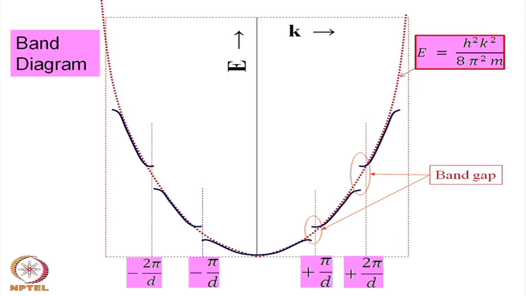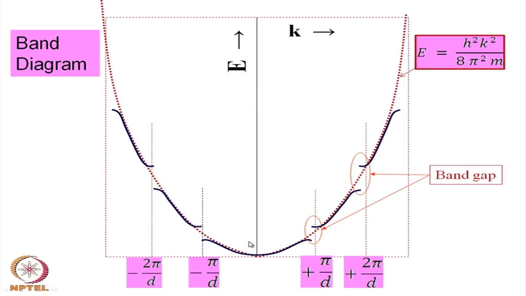So, normally the lowest band will be occupied first, and then if the number of electrons is more than the number of energy states available here, then it will go to the next band. That is how it is getting filled up.